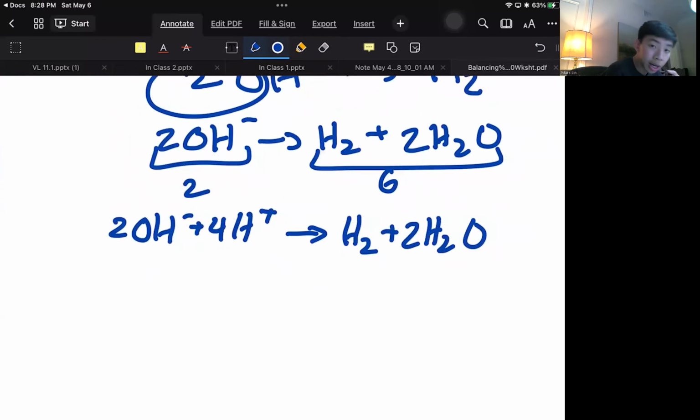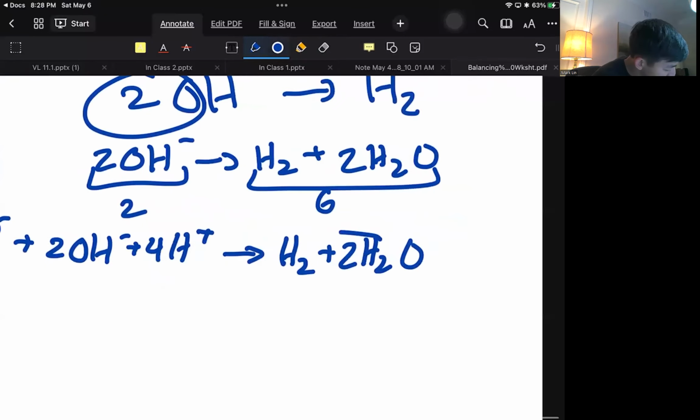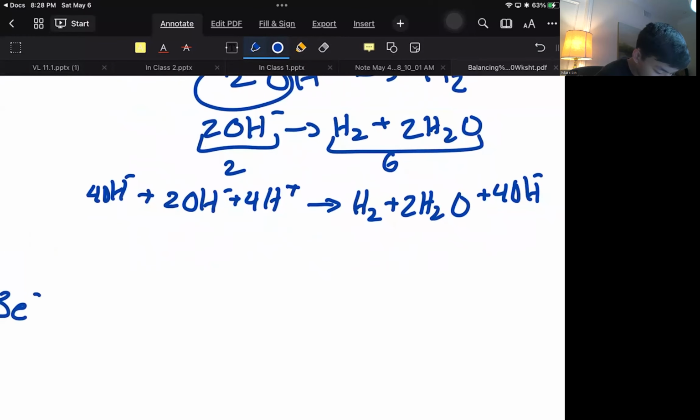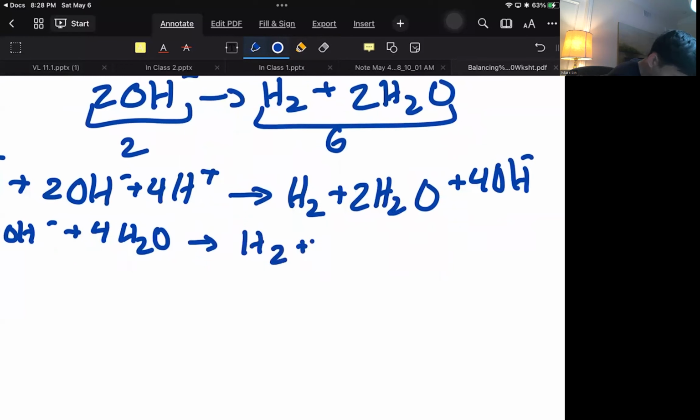Okay, and then now we need to be adding hydroxides. So four OH, right? Because we added four hydrogens, so we need to be adding four hydroxides. And whatever you do to one side, you must do the other side. Then we can combine the water molecules, so two OH minus plus four H2O gives us H2 plus two H2O plus four OH minus.